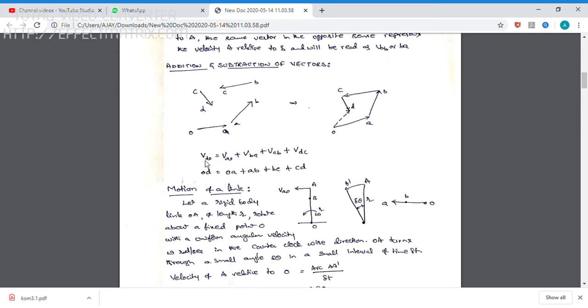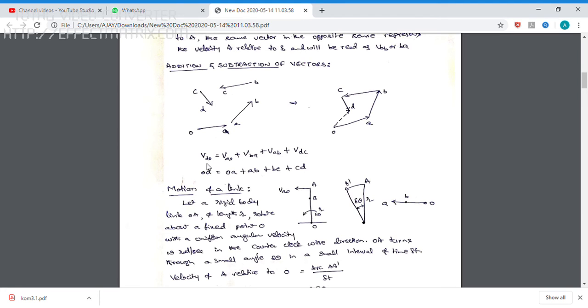That's why here I simply wrote VDO, the velocity of D relative to O, is equal to, whatever elements you consider, all the element velocities you have to take. That is the velocity of A relative to O, plus the velocity of B relative to A, plus the velocity of C relative to B, plus the velocity of D relative to C. So here 4 elements are there, and I added the 4 elements in vector manner.